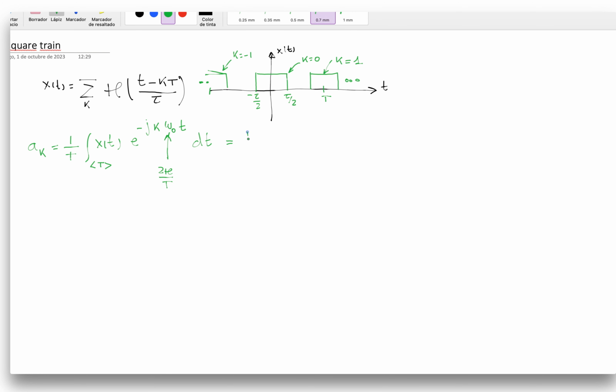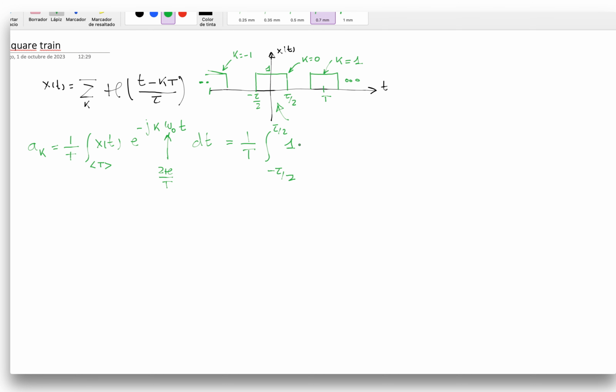This will be 1 divided by the period of the signal, which is capital T, and then the period that I choose is the fundamental one, that goes from minus tau divided by 2 to plus tau divided by 2. I could have used any other period, but I used this one. And then x(t) in this period has the value 1.